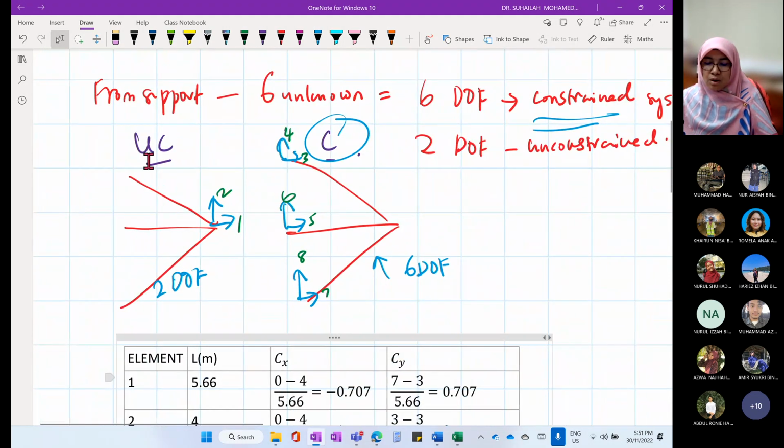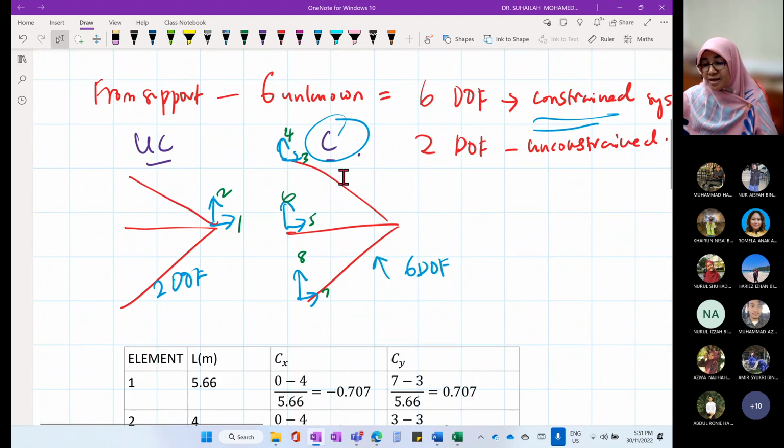the importance of differentiating or identifying the degrees of freedom according to unconstrained and constrained, because we have to calculate the unknown displacement as the first output. Unknown displacement is the first output, and the second output is the reaction at the support.